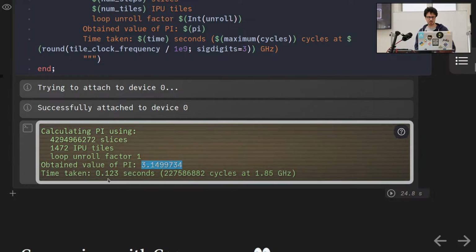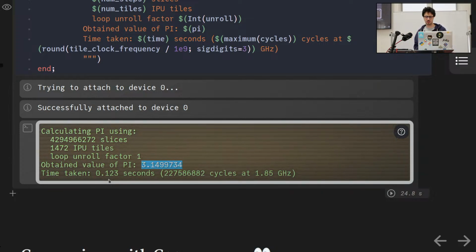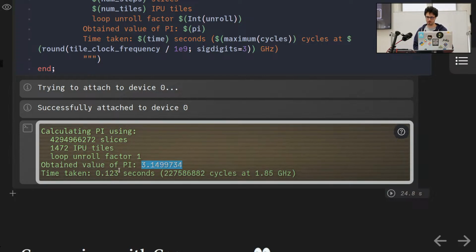It took 0.12 seconds to run on the IPU. Actually, there is some data movement between the host and the device, which takes much longer than these 0.12 seconds, but the number crunching alone took this long.